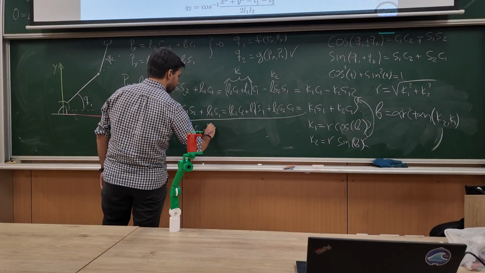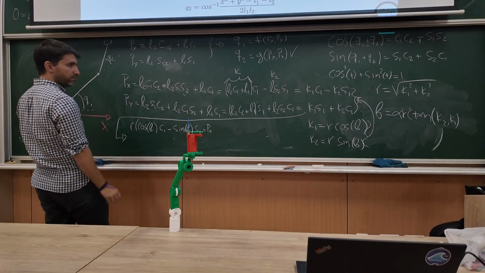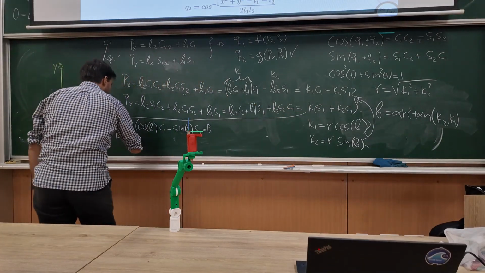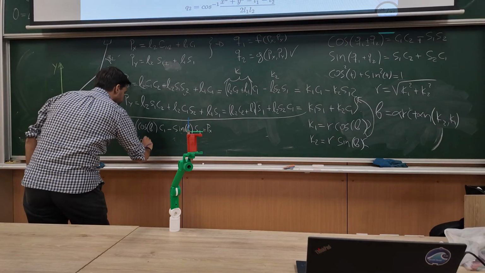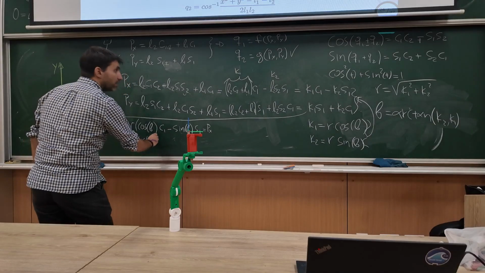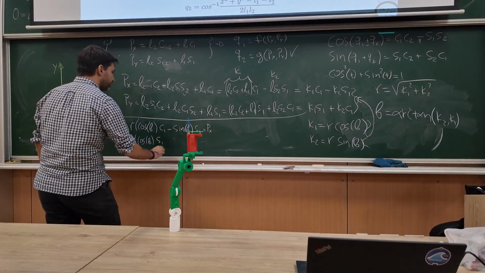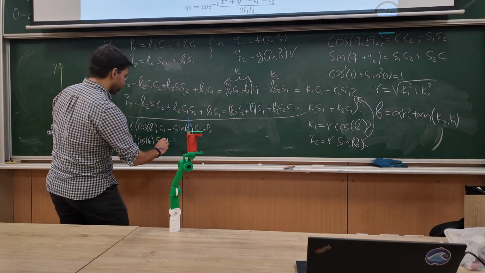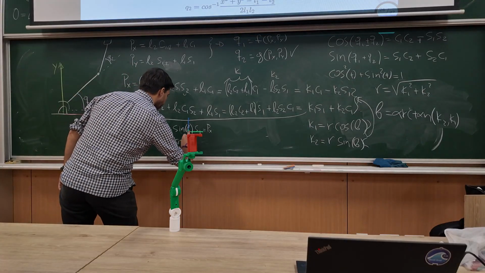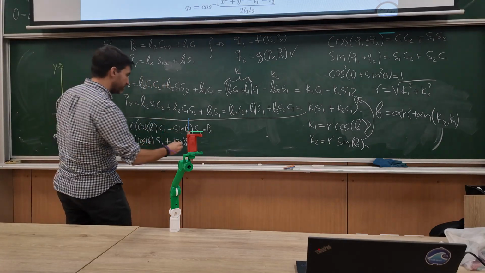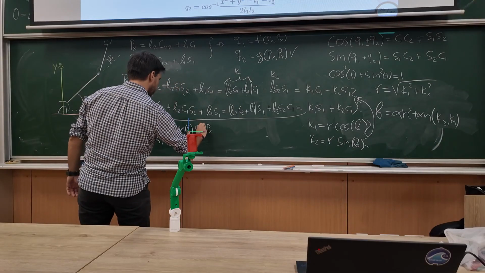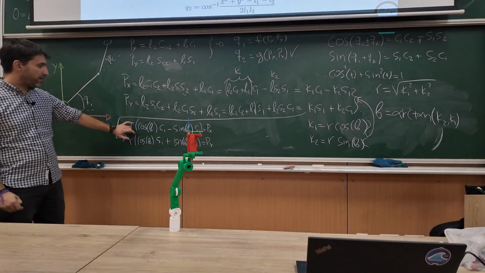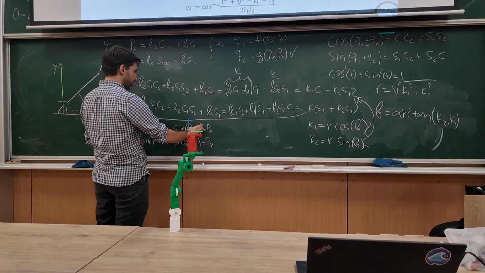This is my px, and my py is again r cosine of theta, now it's sine of q1 plus sine of theta, sorry, and cosine of q1. I forgot a bracket here, py. So I have r factored out, and I have this and this.